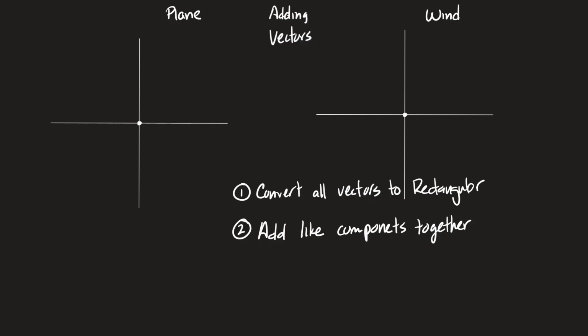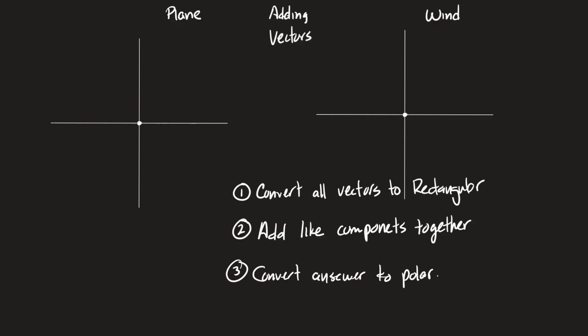So you add all the x parts together, and you add all the y parts together. And then 3, convert your answer to polar. 3 steps. So convert everything to rectangular, add like components, and then convert everything to polar. Okay. So it's the stuff we've already done. We're just adding this middle step here.